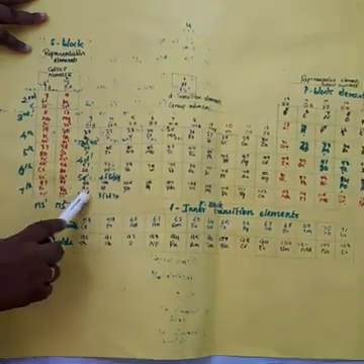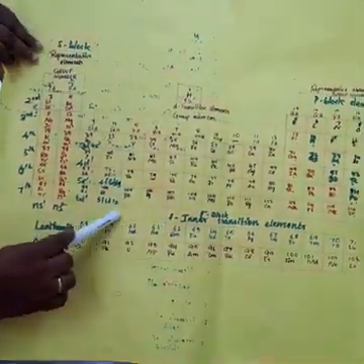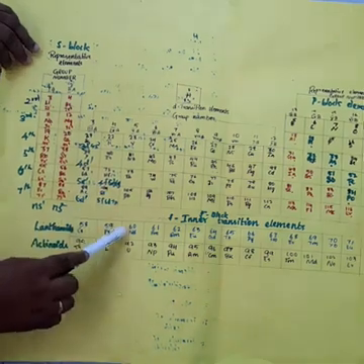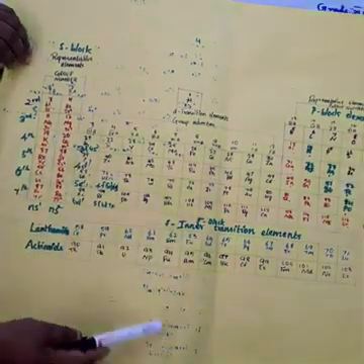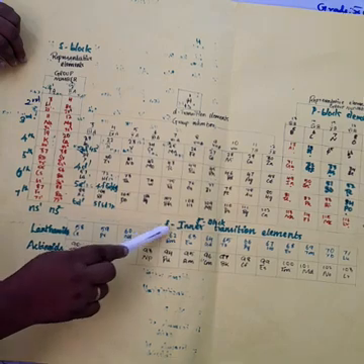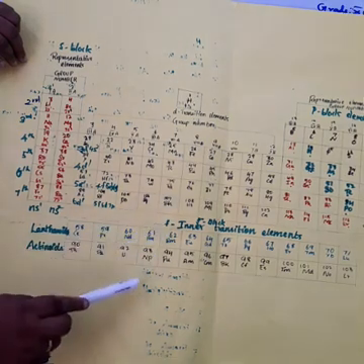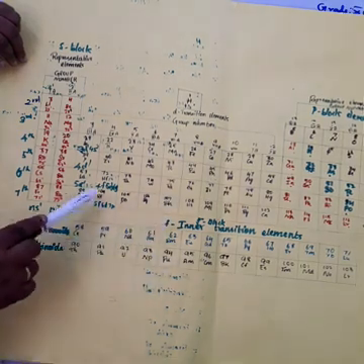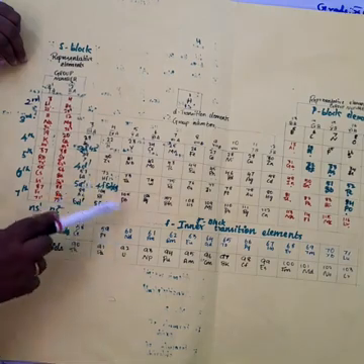Okay, why are they called the F block elements? Because the outermost new electrons enter into the F orbital, so it is called the F block elements.